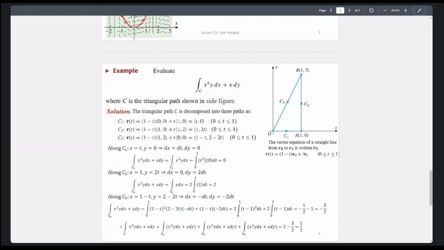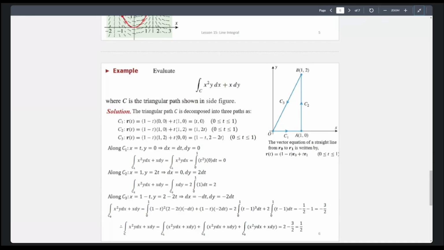We need to know the knowledge about this horizontal line connecting 2 points, origin and A. We need to know also the knowledge about the C2 line as well as the C3 line. That means you have to do the line integral along these three lines C1, C2, C3 independently.